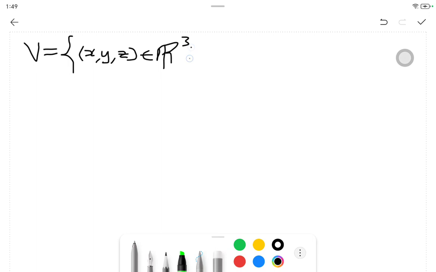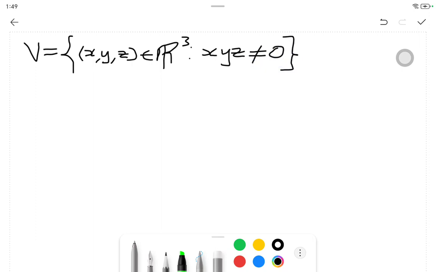Remember the question, if I remember very well, it said that V is equal to (x, y, z), an element of R cubed, such that if I multiply these three, I'm not going to get 0.